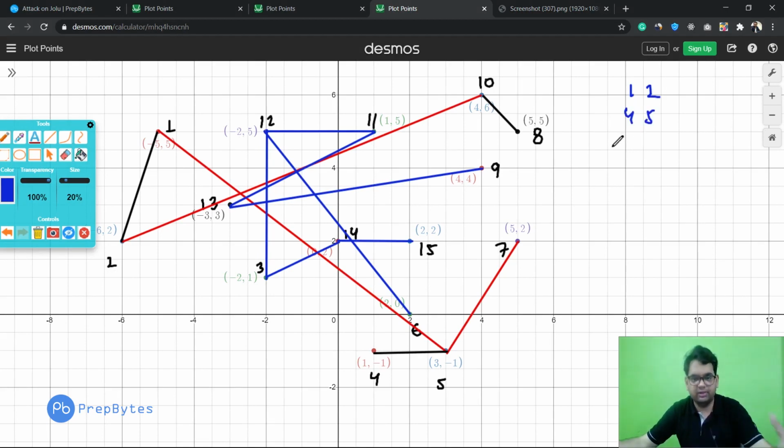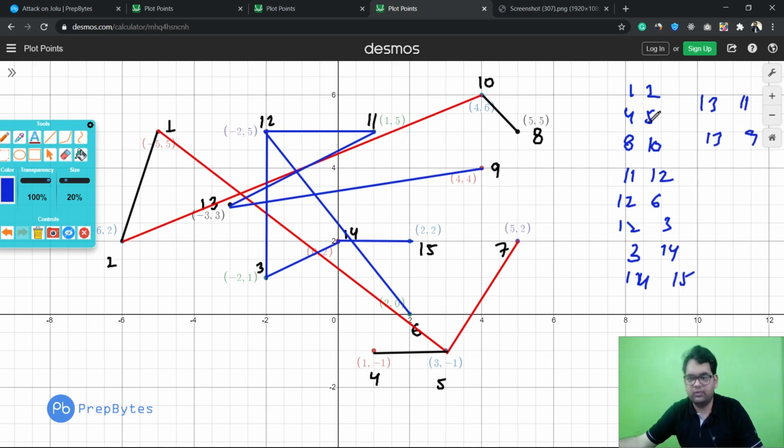Okay, there can be other graphs getting the same answers. Fine, so it is 8, 10, then we have 11, 12 that is costing us, then 12, 6, 12, 3, then 3, 14, 14, 15, 13, 11, 13, 9. So I think these are there, 1, 2, 3, 4, 5, 6, 7, 8, 9, 10. So till now 10 roads are costing us.